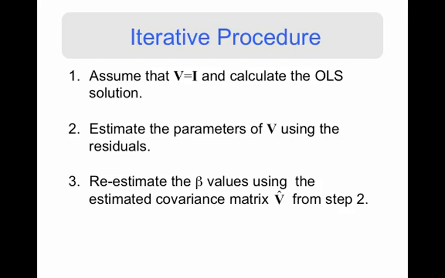So now we can get the GLS solution, incorporating V hat in our estimate of beta. And then we iterate this procedure to convergence. We update our beta and use this to get an updated V, update our beta, use this to get an updated V, and we do this until we get a stable solution.